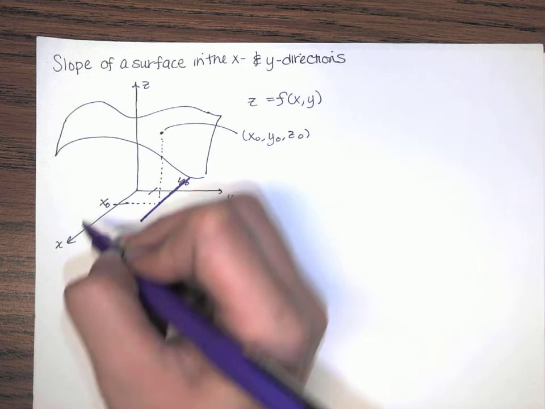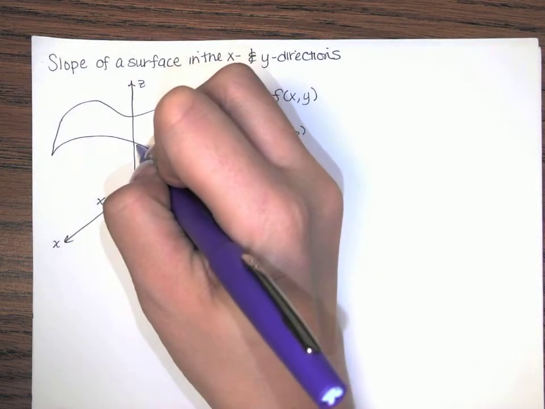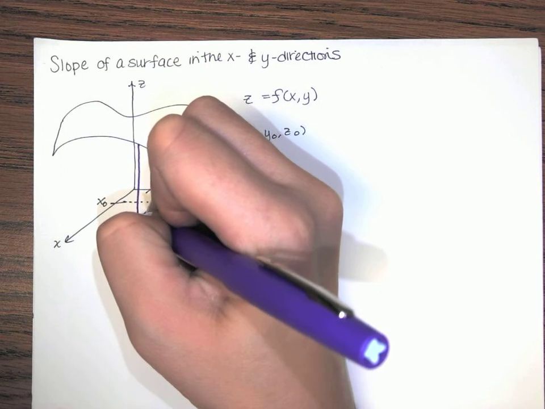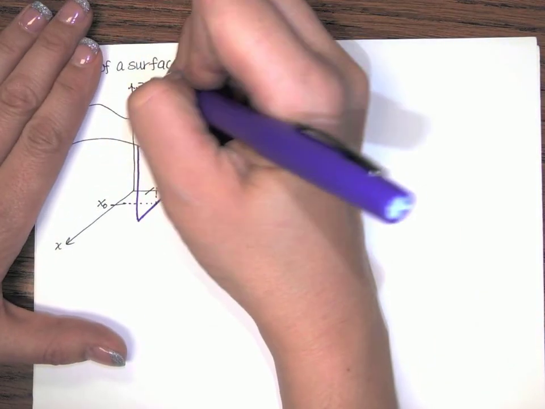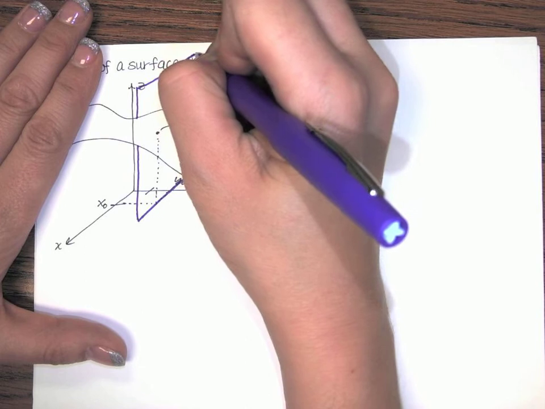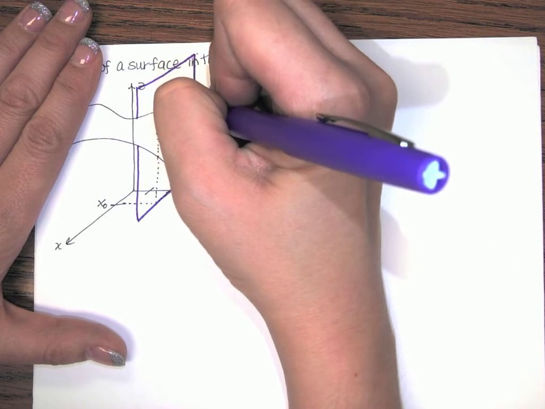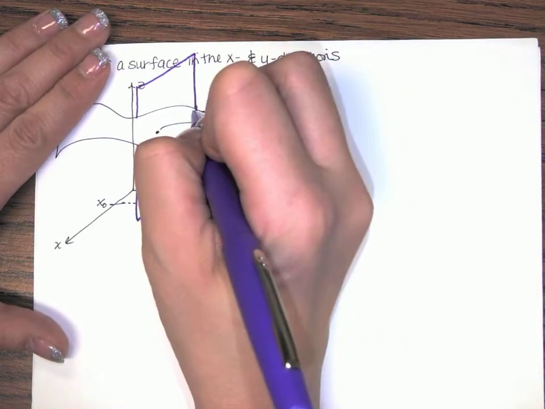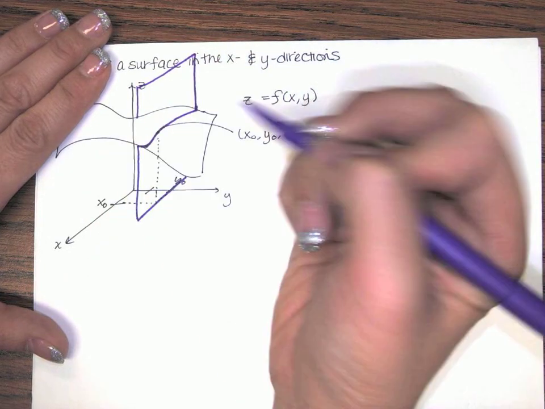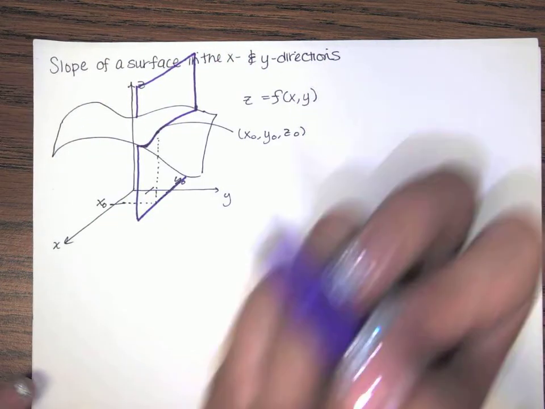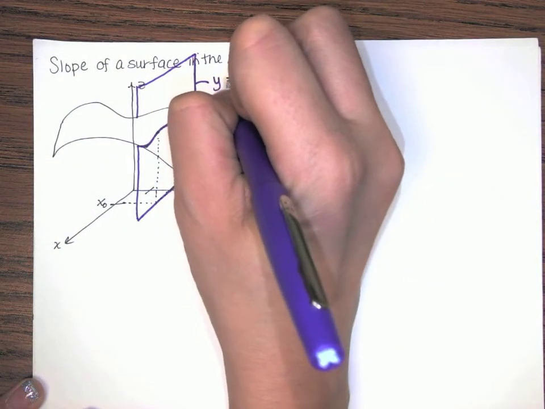And this is a plane that's parallel to the xz plane, so it might look something like this. And I find out where that plane intersects my surface. And maybe it looks like that, roughly. This is the plane given by the equation y equals y naught.